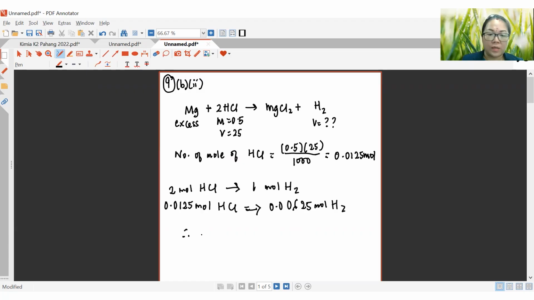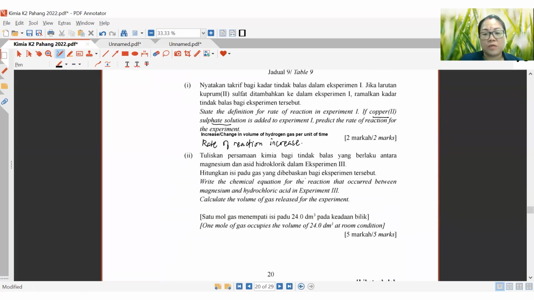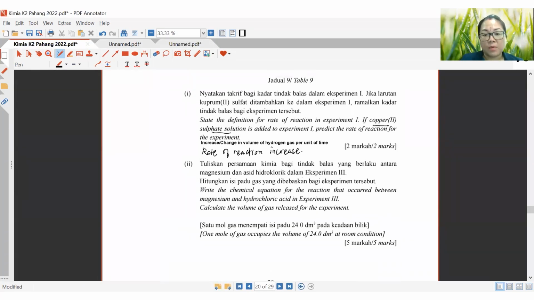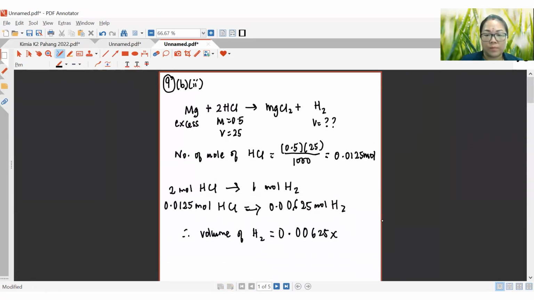So the volume of hydrogen equals 0.00625 multiplied by 24 dm³, which is given in the situation, equals 0.15 dm³.